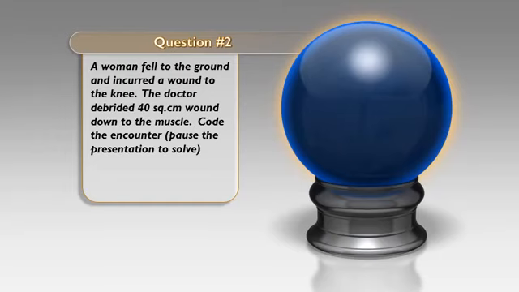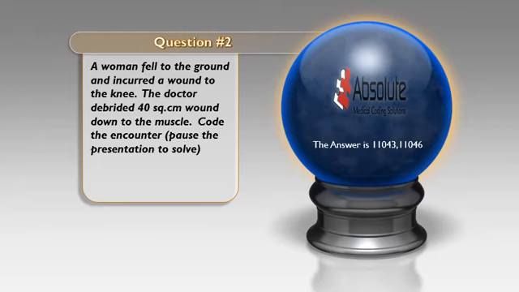If you said 11043 and 11046, you are correct. We looked up the code and it directed us to 11043, debridement of the muscle. We used the same code that we did before.